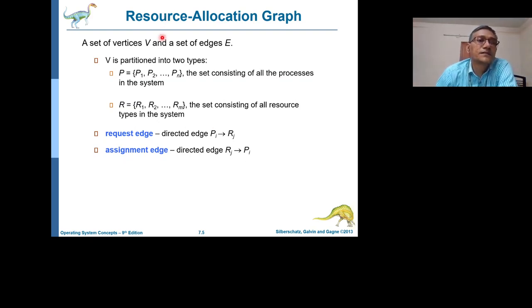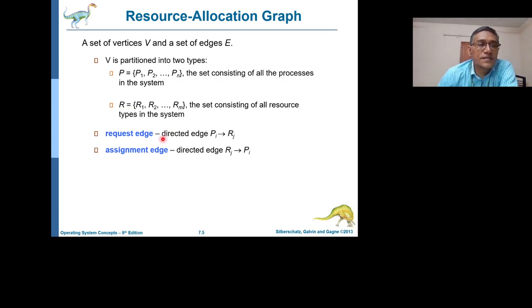A resource allocation graph is characterized by a set of vertices V and a set of edges E. V is partitioned into 2 types: P, the set of processes P1, P2, Pn in the system, and R, the set of resources in the system.